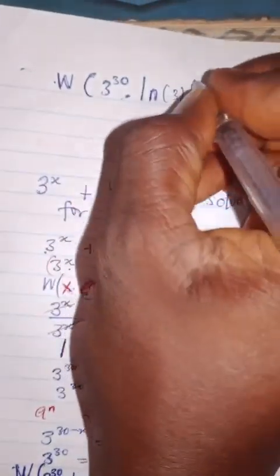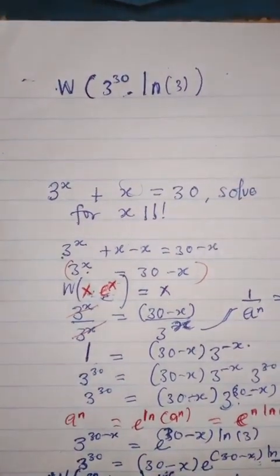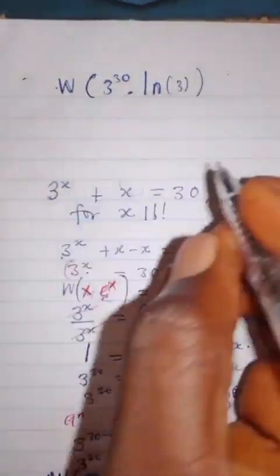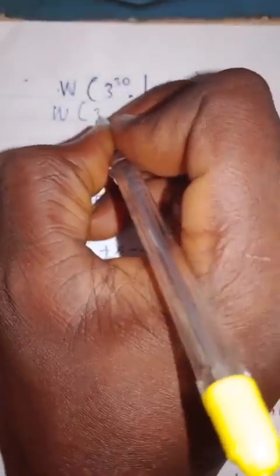So how can we solve this? That's the question. Now, we know that 3 raised to the power of 30 can be written as 3 raised to the power of 27 multiplied by 3 raised to the power of 3, multiplied by natural log of 3.